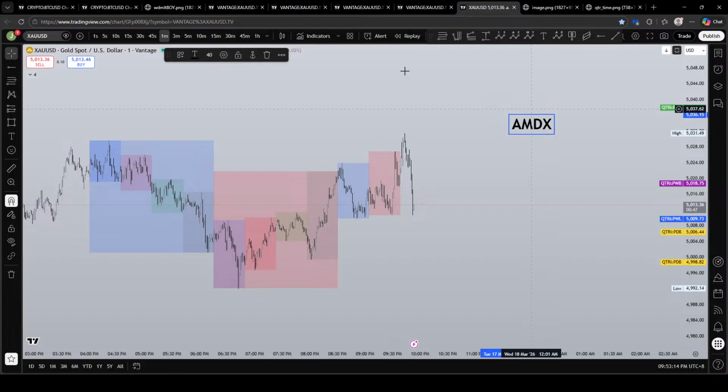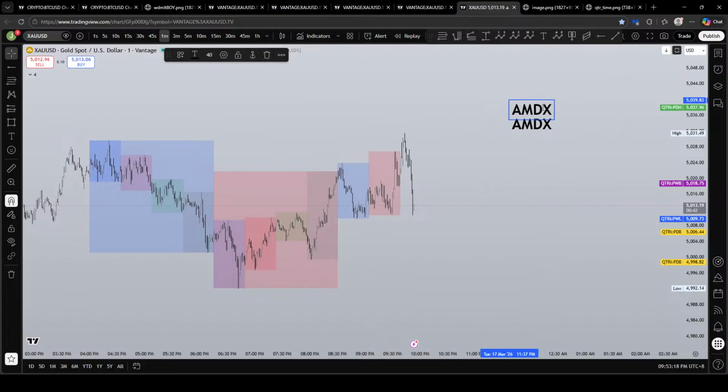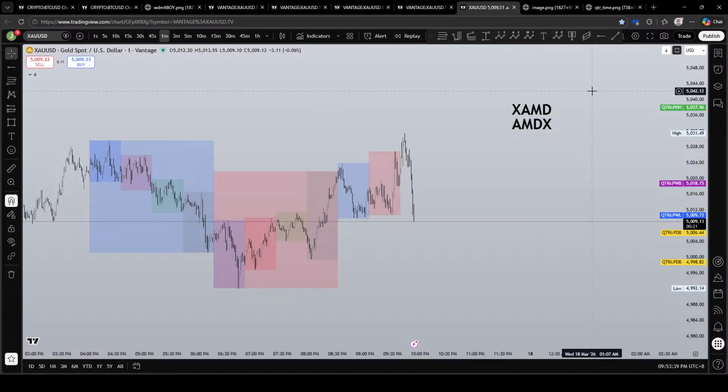The second basic structure is the XAMD, meaning the X, continuation or reversal, happens first before the accumulation, manipulation, and distribution.